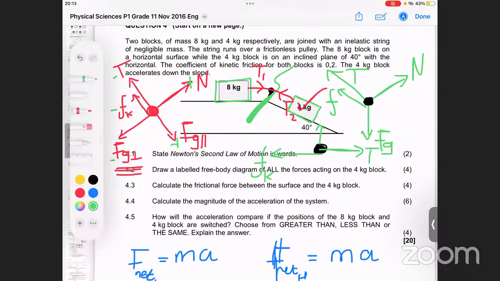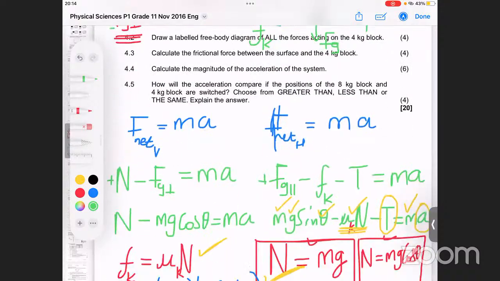Those for up and down, we know they cancel each other, because in this case it is not moving at an angle, but is moving horizontally.